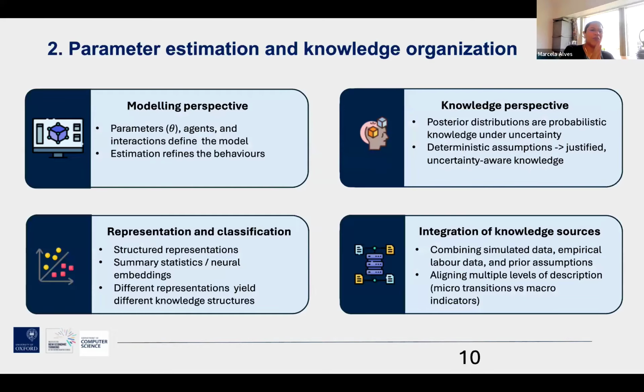Well, so what does parameter estimation have to do with knowledge organization? Well, there is the model perspective: what exactly the model is doing, what leads the behavior of the whole model. There is also how the model is processing some kind of knowledge, right?